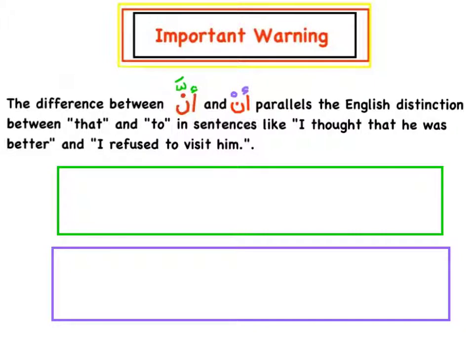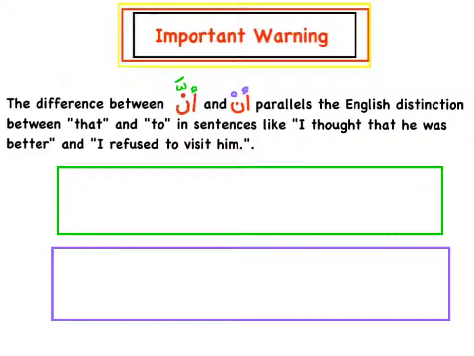The difference between أنّ and أن parallels the English distinction between that and to in sentences like I thought that he was better and I refused to visit him. So if I am to translate I thought that he was better, I would use أنّ.